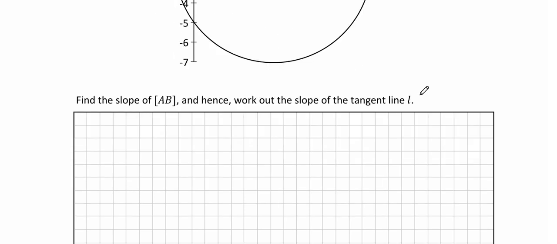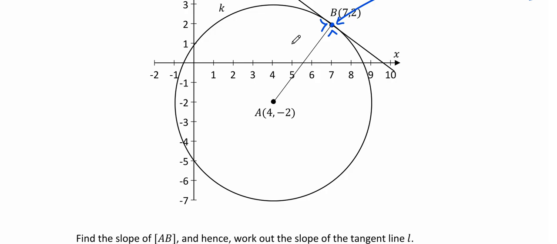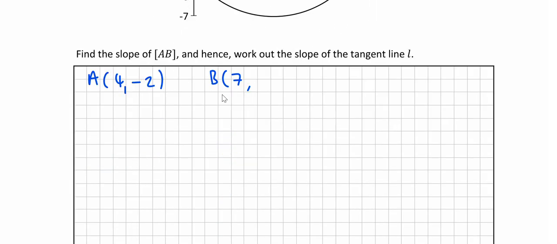So the easiest way to find the slope of AB is just write down A, which is (-4, -2). Your B is your point, I think it's (7, 2). So now go to your log tables. Your slope formula there is y2 minus y1 over x2 minus x1.